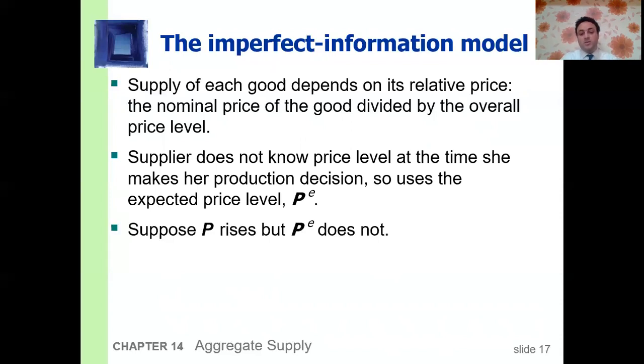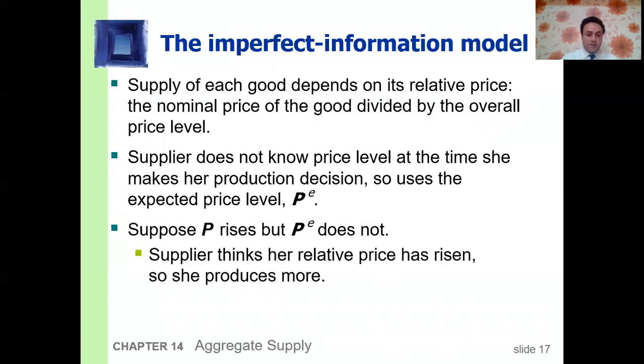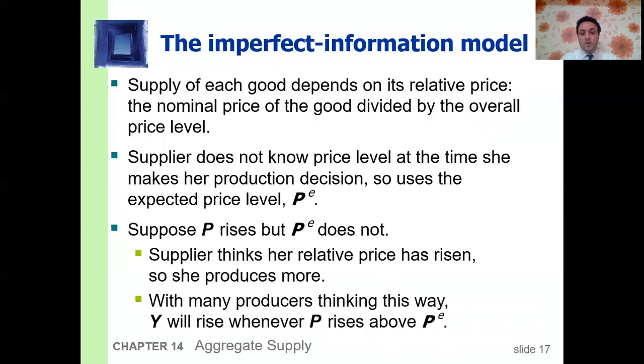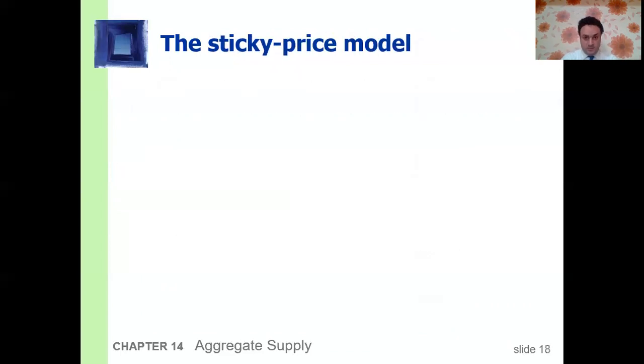Suppose that the actual price rises, but the expected price doesn't rise. In this case, the supplier thinks her relative price has risen, so she produces more. With many producers thinking this way, the output will rise whenever the actual price rises above the expected price.